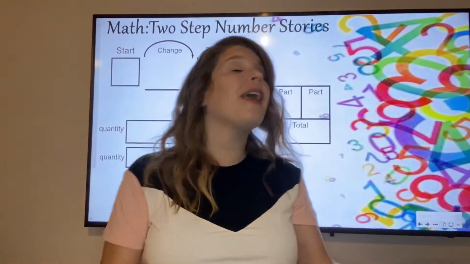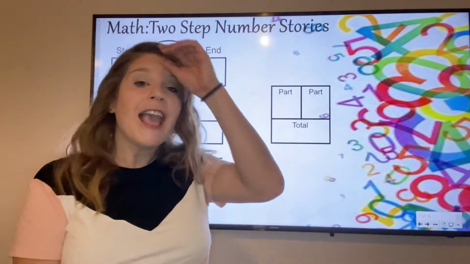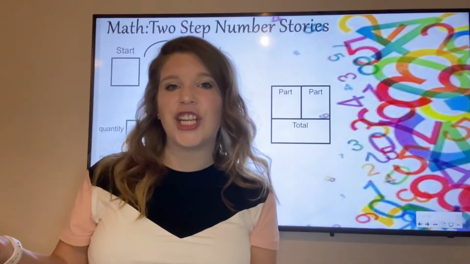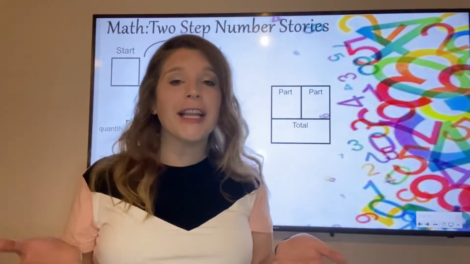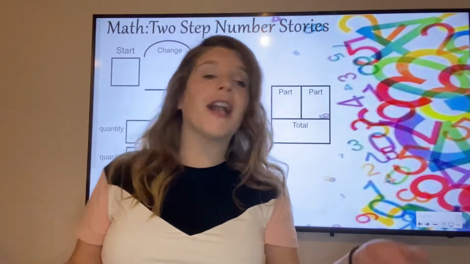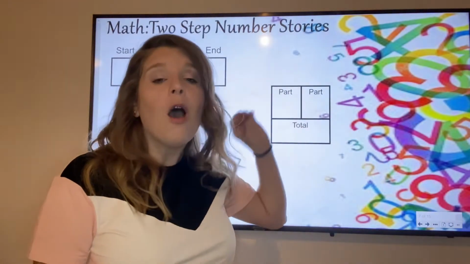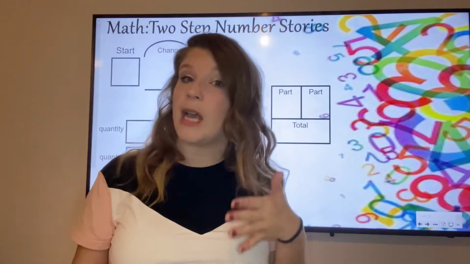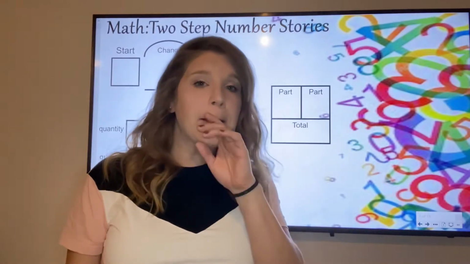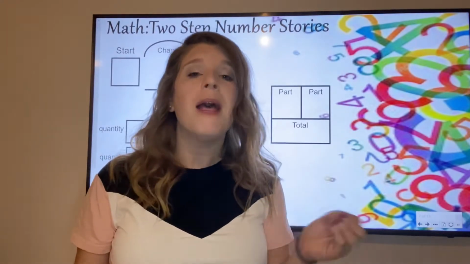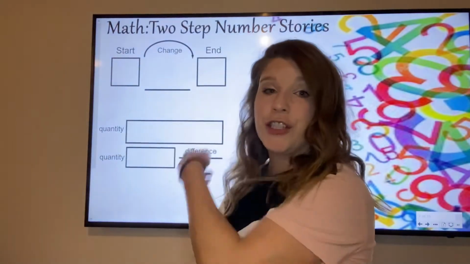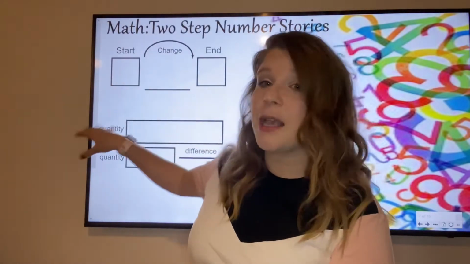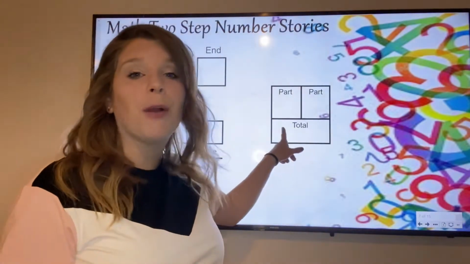And then finally, we have our last diagram. If you're reading your word problem and you go, well, I don't think anything's changing and I'm not comparing anything, then chances are it's a parts and total. Okay, this diagram can be used almost every single time when we're doing any type of word problem, but I really like you to use the other two if you can. But if it's not change and it's not compare, then go ahead and use your parts and total.